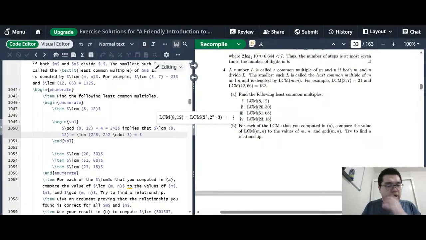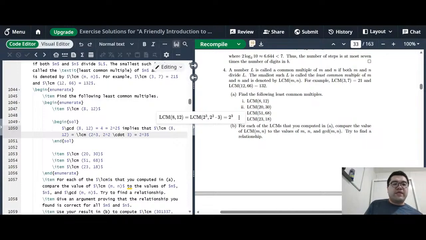So that now when we want to take the least common multiple, we just need to collect the highest power of each prime factor. For example, we see a prime factor 2 between the two numbers, and the highest power of 2 we see is the third power.